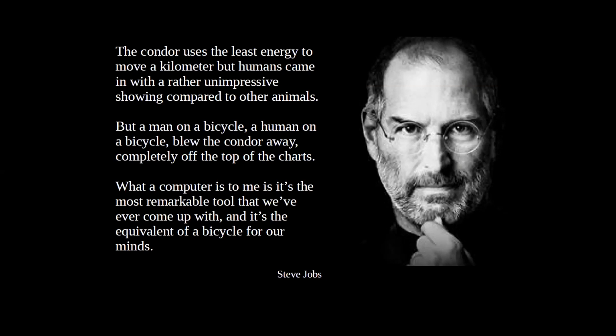And the idea here is that the computer, he called it a computer, but I'm going to say AI, is the most remarkable tool we've come up with. It's the equivalent of a bicycle for our minds. That's an analogy we're going to hear a lot in the AI community: AI is a bicycle for the brain. It takes what we want to do and gives us the power intellectually or analytically in the same way that a bicycle magnifies our physical abilities. That's always a great analogy to keep in mind.